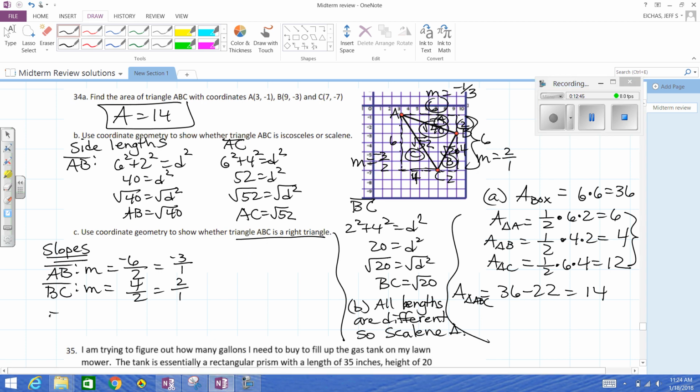AC uses slopes of, let's see, it looks like negative 6 over 4. All right, so what we talk about with these is none of these are negative reciprocals.